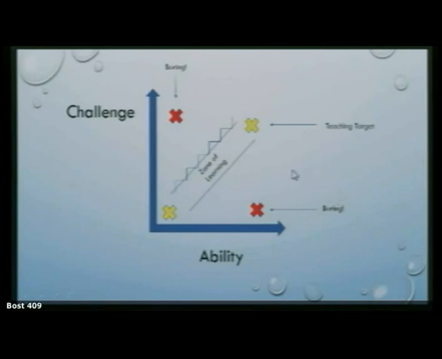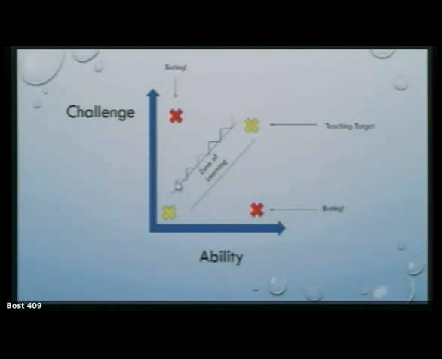So, how do we keep it in the middle, in this zone of learning? Well, it's important to use a stair-step method of teaching. We start off with a simple concept, build to a more complex problem.